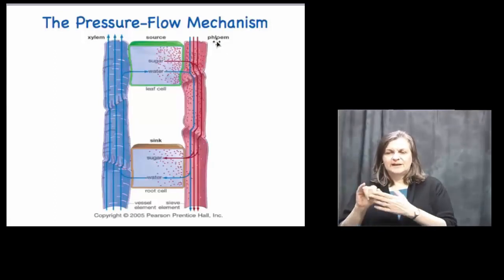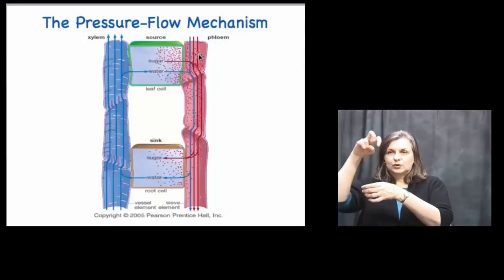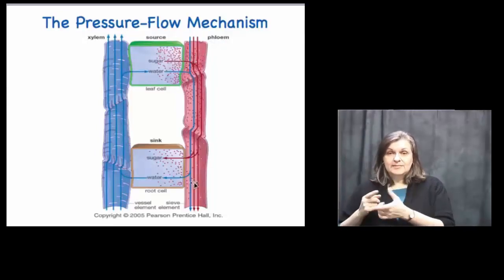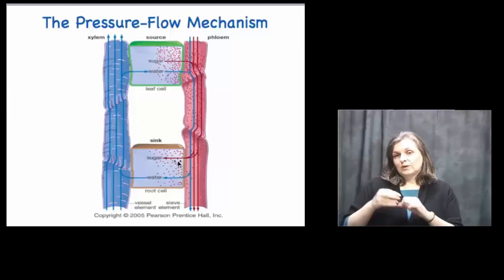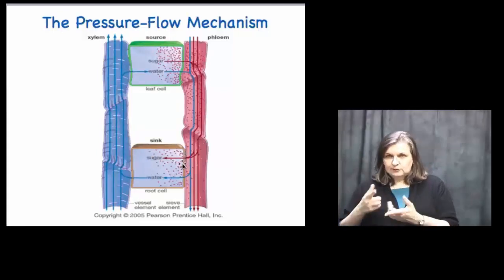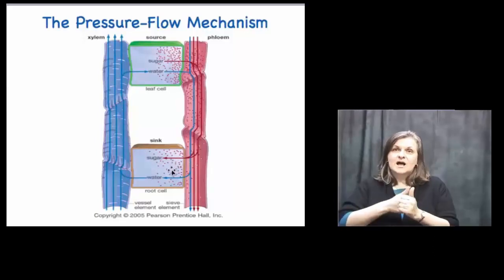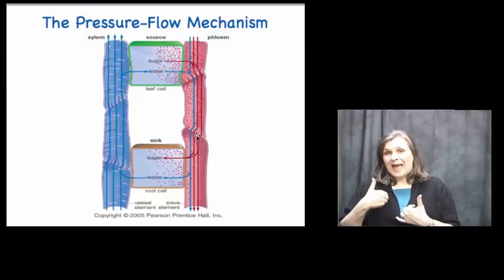Remember, the phloem is our sugar transporting, or food transporting, vascular tissue. Sugar is going to move down the phloem, and eventually what isn't used along the way in the plant will get stored as starch in our root cells. As the sugar moves into the root cell, water follows. So the phloem is going to move some amount of water.